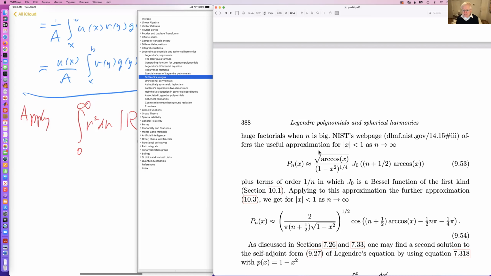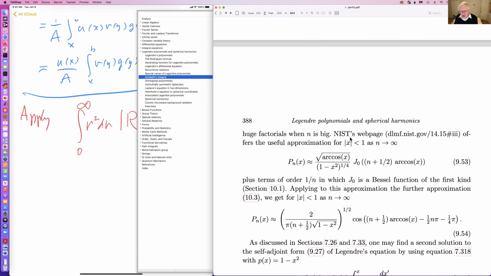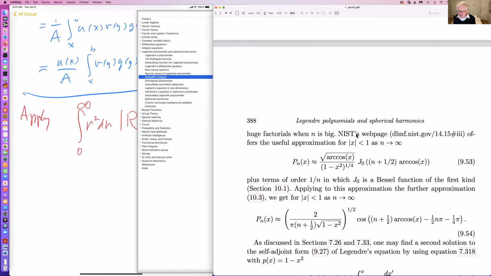And the NIST webpage, and by the way, the NIST, National Institute of, I guess, Science and Technology, they have web pages that contain a lot of mathematics and engineering and physical information. They're one of the go-to places.